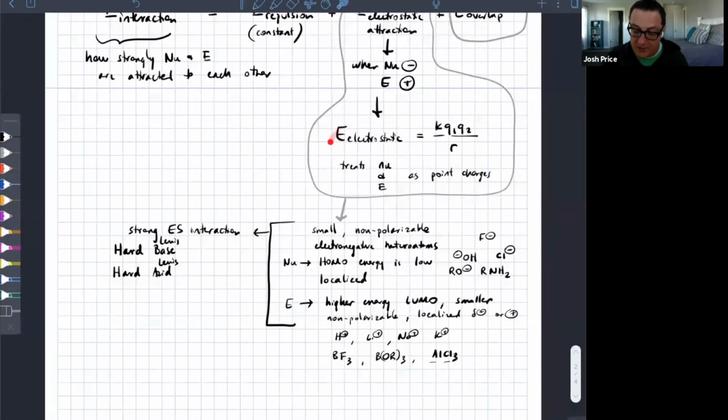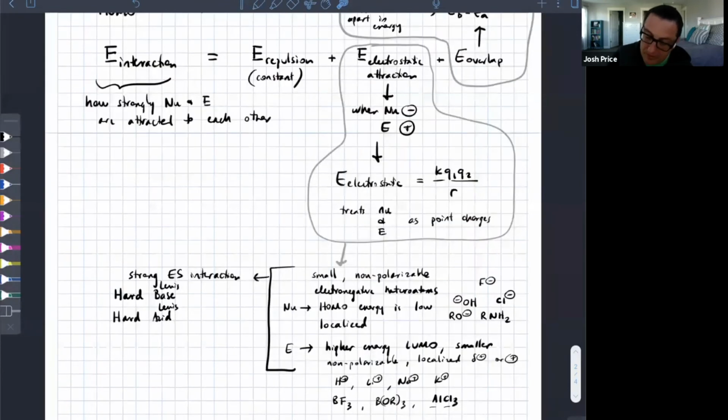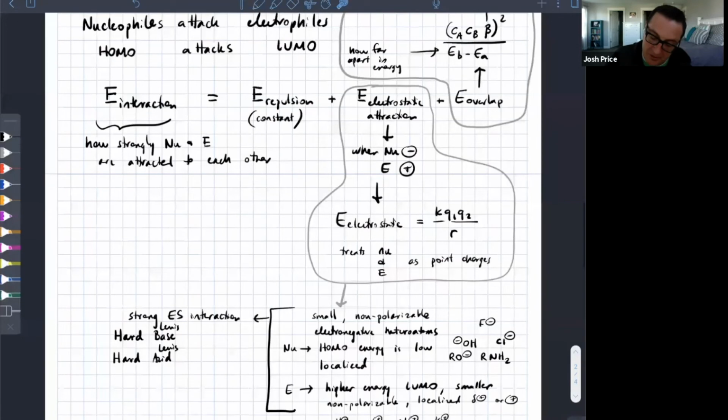Okay, so the reason that hard nucleophiles and hard electrophiles work and prefer each other is because their electrostatic interaction is strong, whereas the overlap term, think of it this way, the difference in energy between HOMO and LUMO is likely to be quite large for these hard acids and bases, so the energy of interaction will be small.